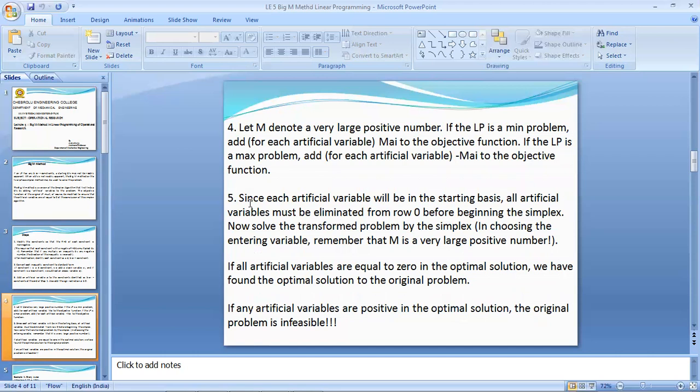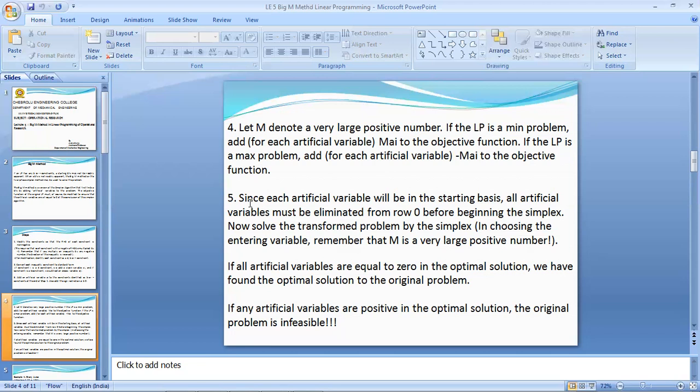If the linear programming problem is a minimization problem, we add the artificial variable multiplied by a large positive number to the objective function. If all the artificial variables are equal to 0 in the optimal solution, then it is the optimal solution to the original problem.